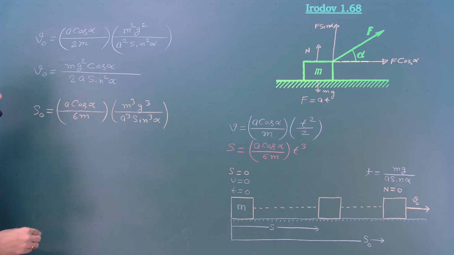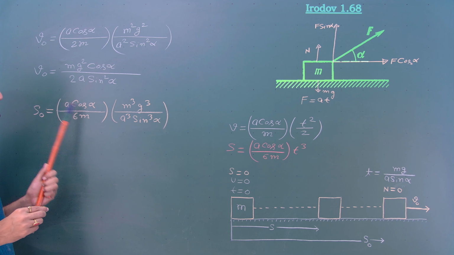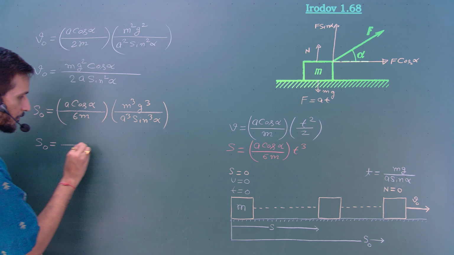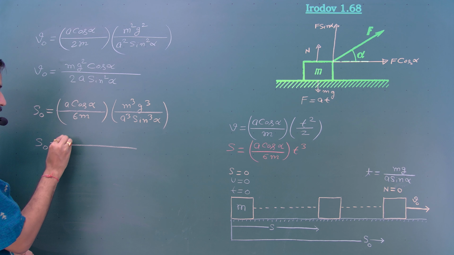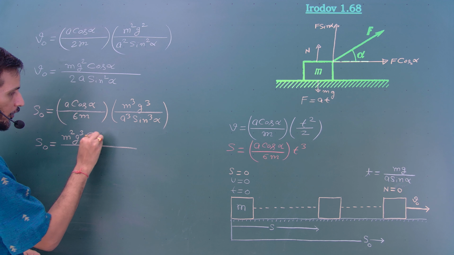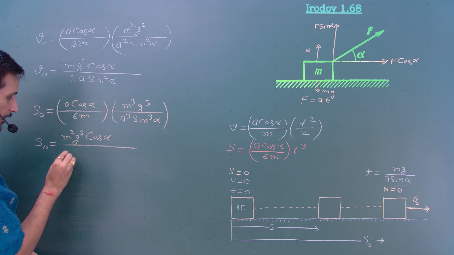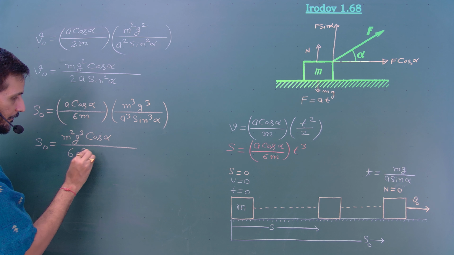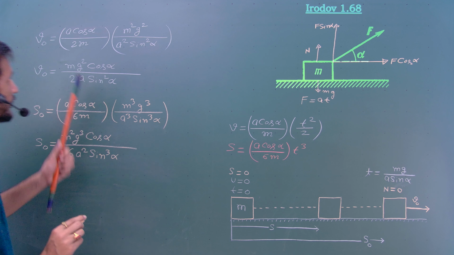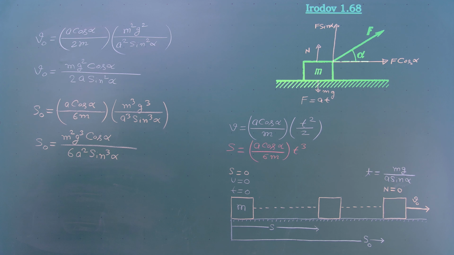So cancel out is possible. m and A cancel out. So the answer is s naught equal to m square g cube cos alpha divided by 6A square into sin cube alpha. So these are the two answers which are asked in the question.